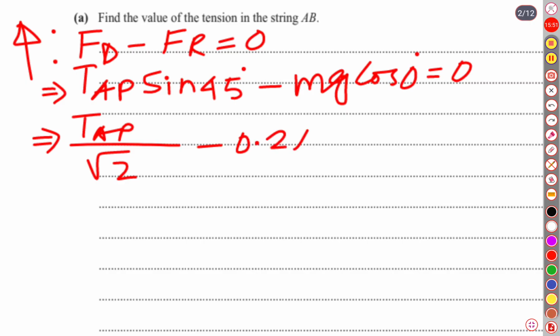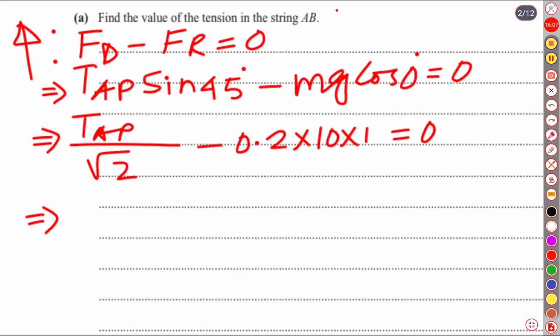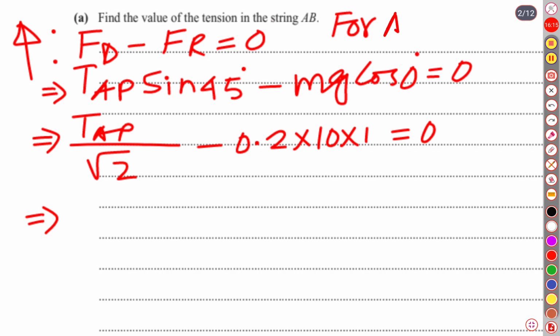0.2, acceleration due to gravity is 10 and cos 0 is 1, equal to 0. So tension in, we can write here, let us write here for AP, tension AP.